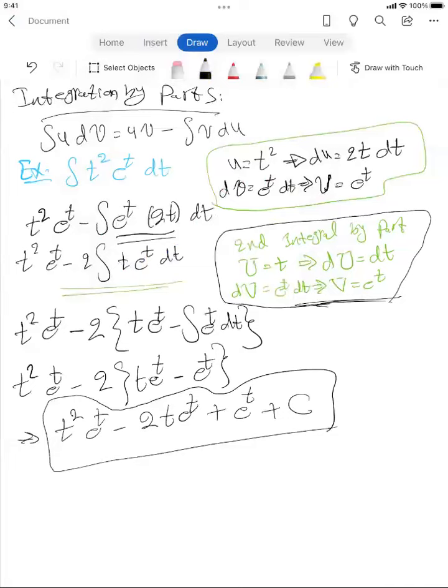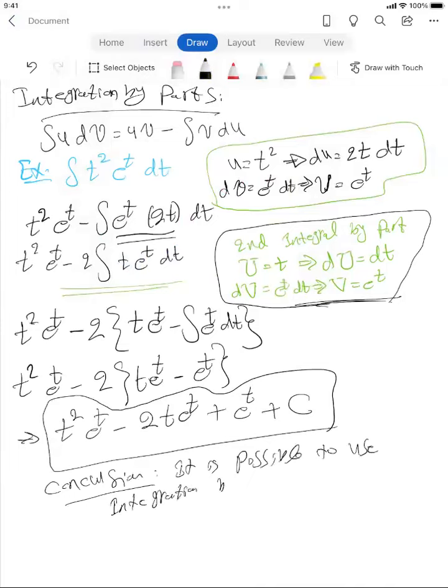Okay, so the conclusion here is that it is possible to use integration by parts more than one time in the problem.